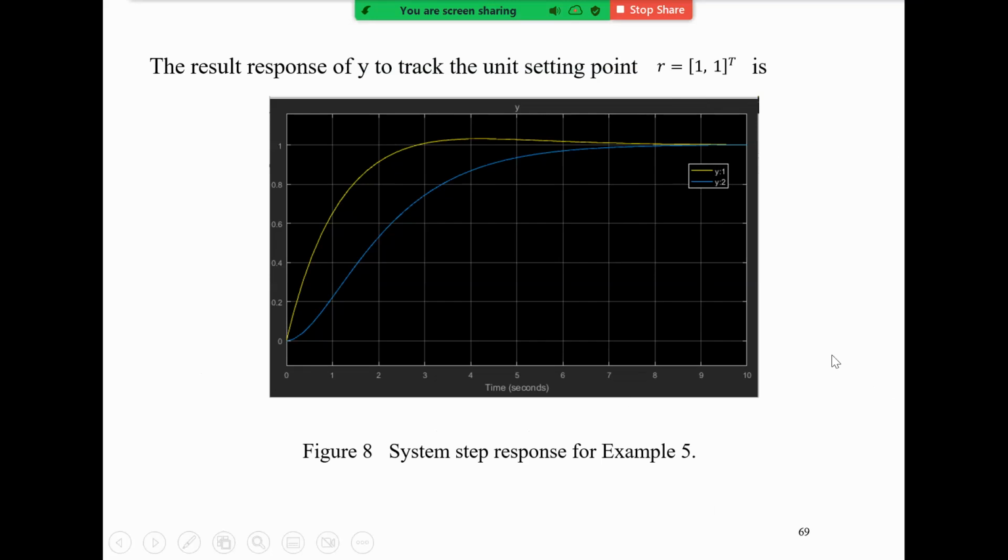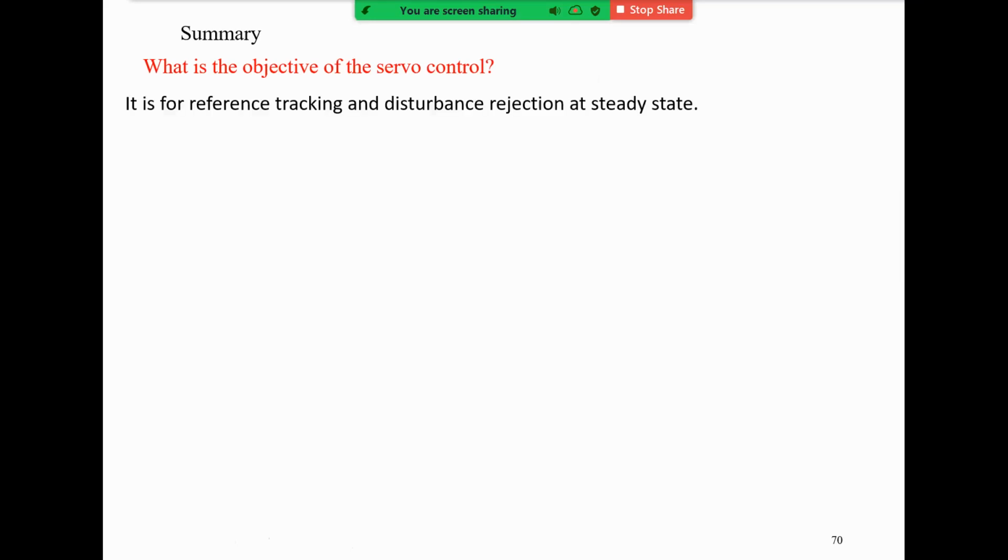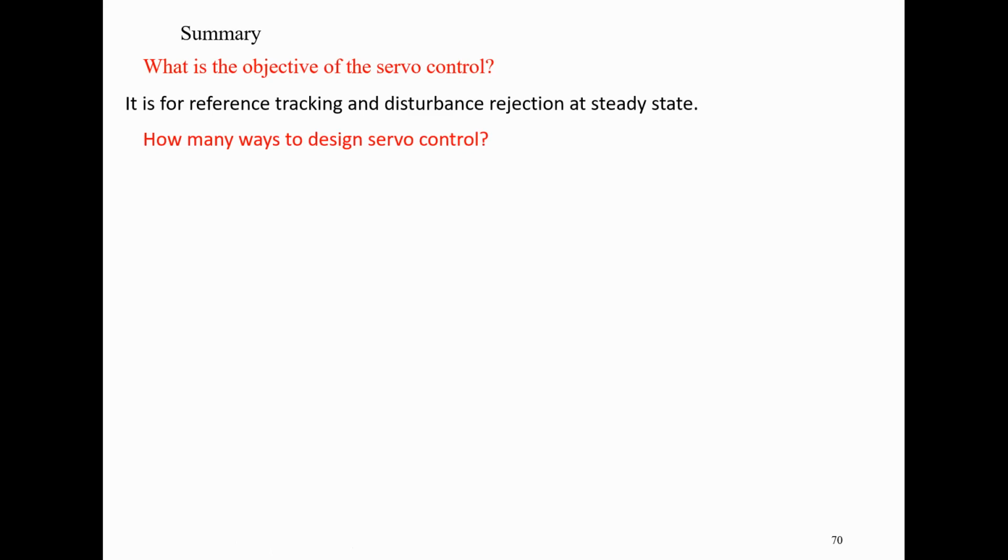All right. So let's summarize, right? What's the objective of servo control? We want to track a time varying desired output and also want to deal with the disturbance. How many ways have you learned? 2 ways, right? You can either use the transfer function if there is only 1 input and 1 output.